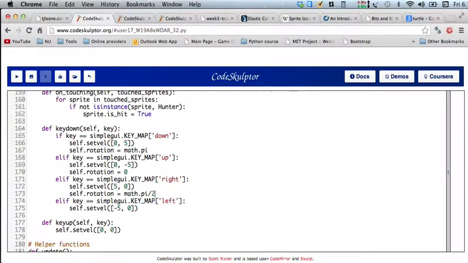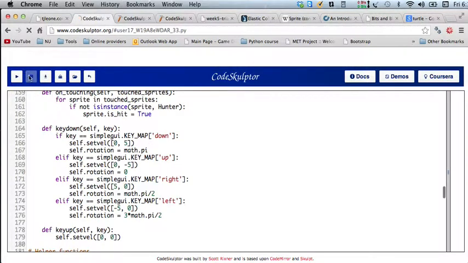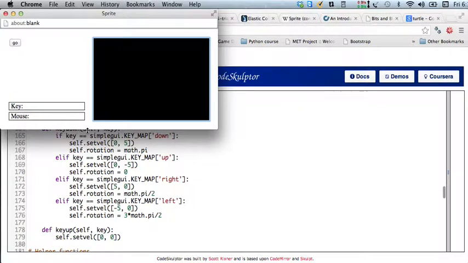Pi over 2, and then to face left, basically it goes 0, pi over 2, pi, and then it's going to be 3 times math.pi over 2. Let's see what that does. Okay. Look at that. Cool, we have a turtle.